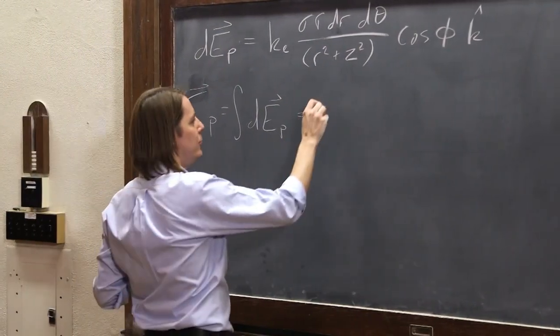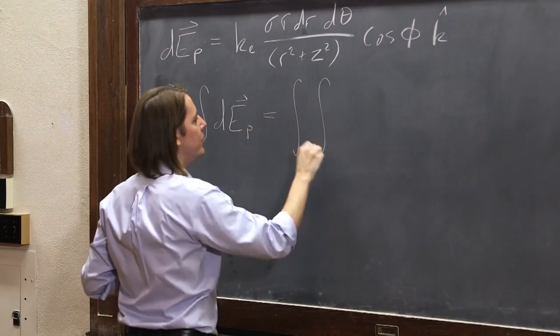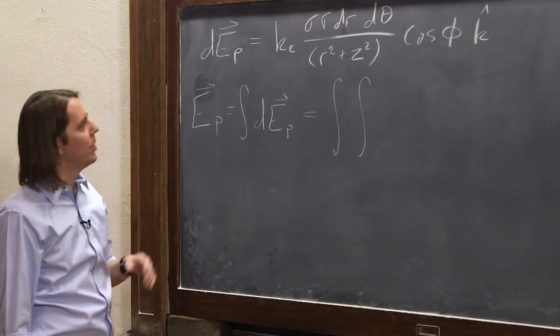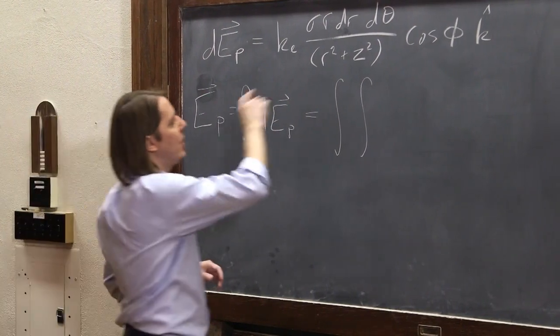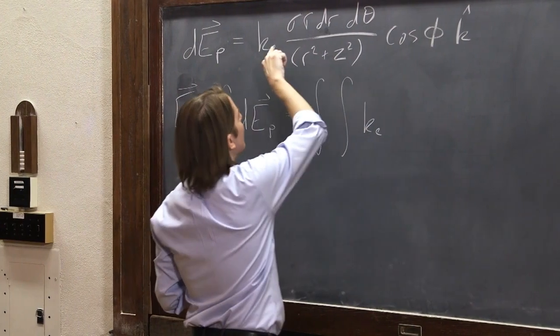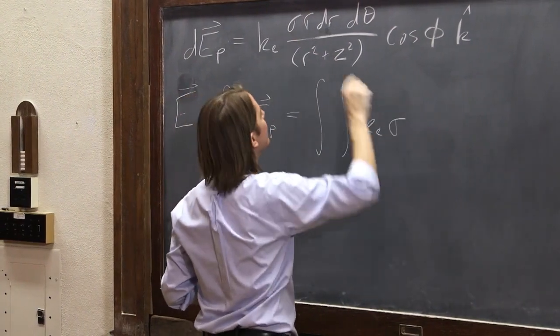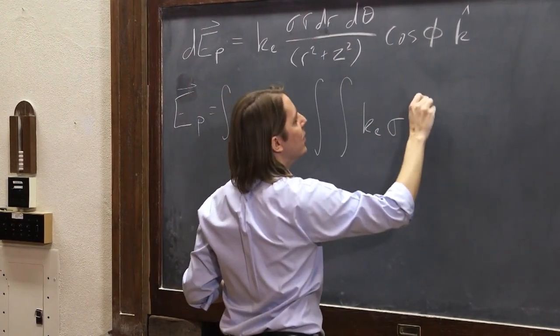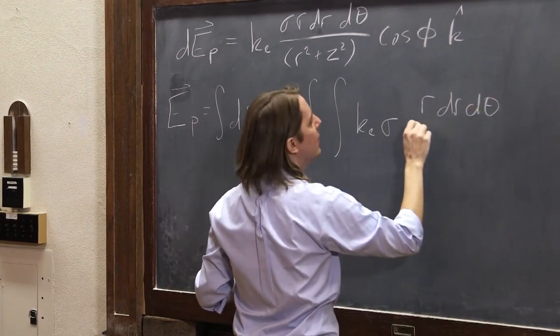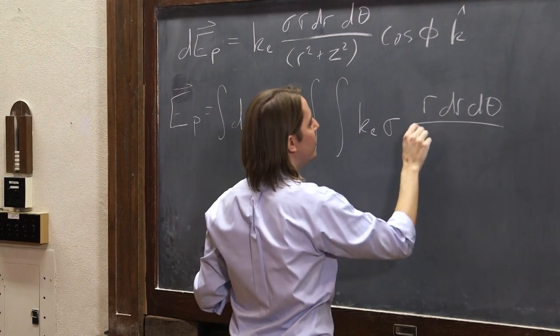We have to actually have two sum symbols, one for dr and one for d theta. We'll work on their limits in a minute. For now, let's just write it. We have Ke. I'm going to start pulling some constants out. Sigma is here, and then this is r dr d theta, and this is r squared plus z squared.